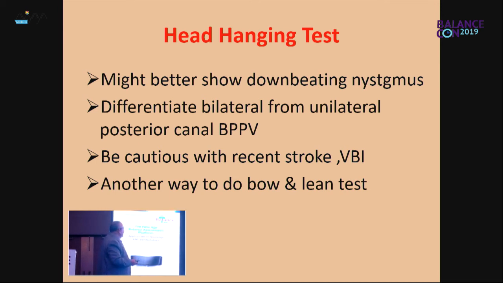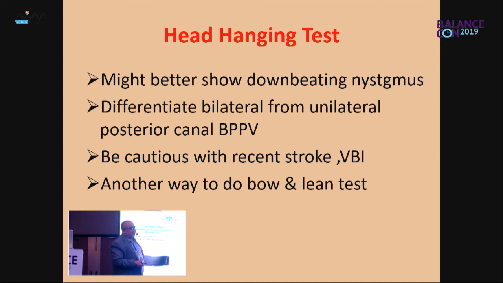It can differentiate bilateral from unilateral posterior canal BPPV because, theoretically, if you have a patient with bilateral posterior canal BPPV, the torsional components from each side will cancel each other, and you have a purely vertical upbeating component with the head in the central head hanging position.